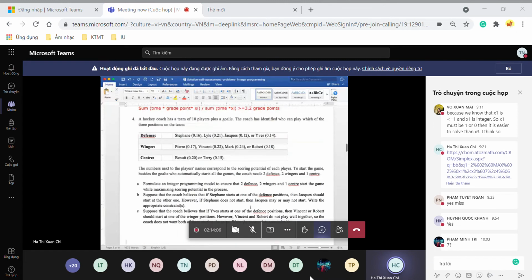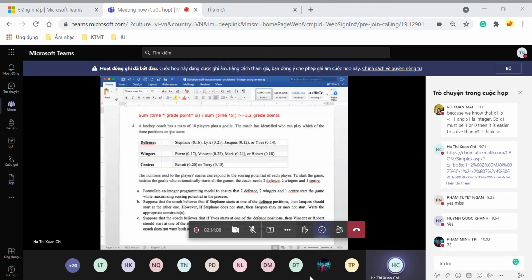With the picture, please. So hockey, right? Hockey has a team of 10 players plus a goalie, totally 11. We just play with 3 positions.